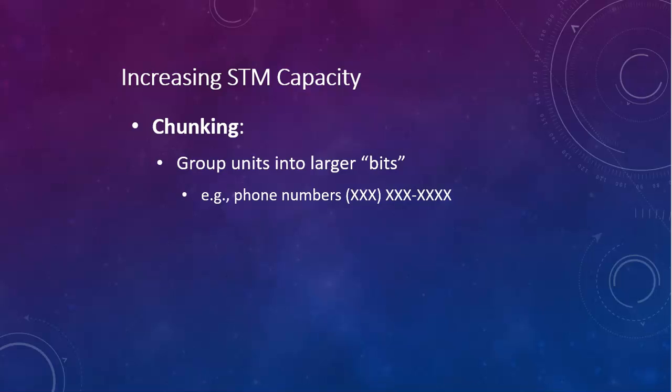That's 10 numbers, and we're going to group them together as one piece of information. So we're going to take what was 10 bits and chunk it together to create 1 bit. And that way we're not taking up as much room in our short-term memory.